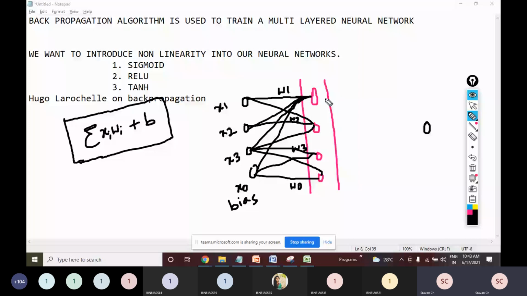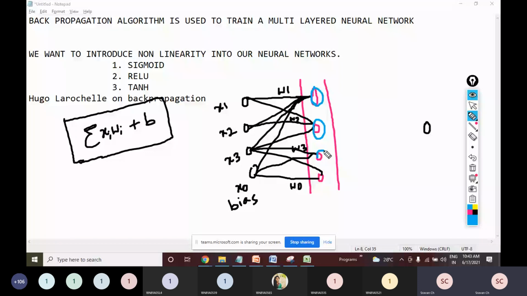So what we will do is, to this hidden layer, now our hidden layer, it will look like this. Let me just add something to it. This is my hidden layer.